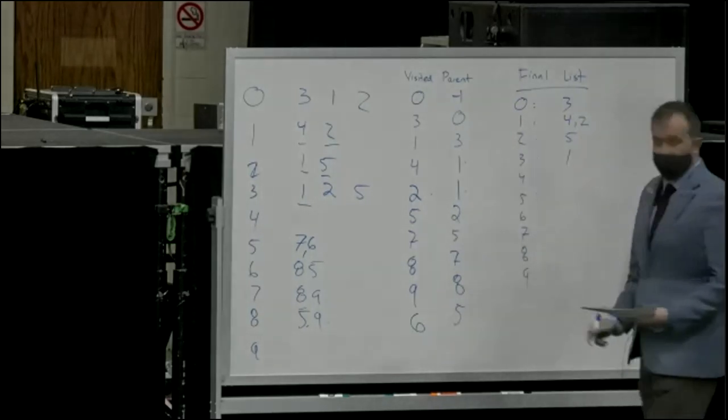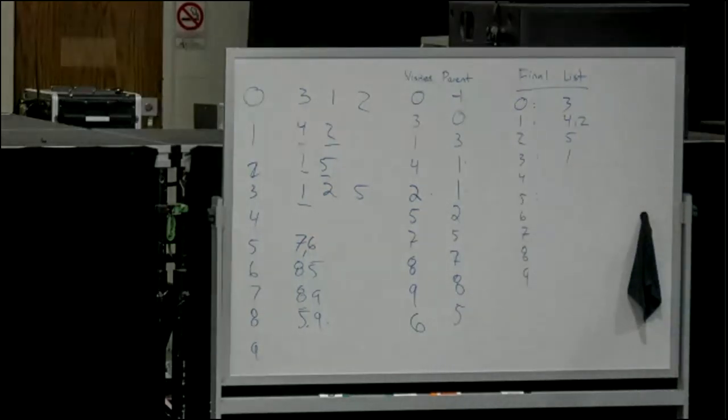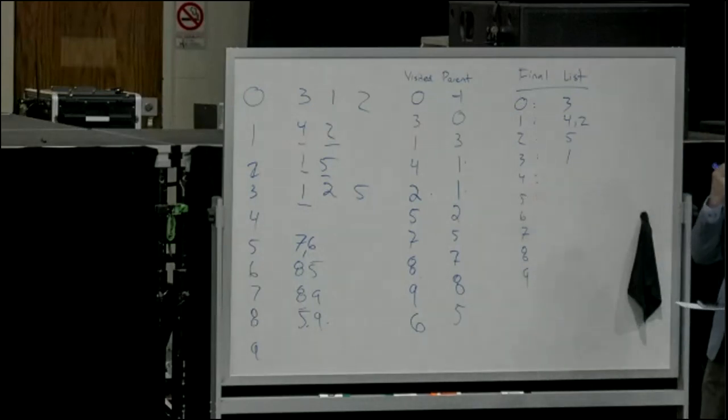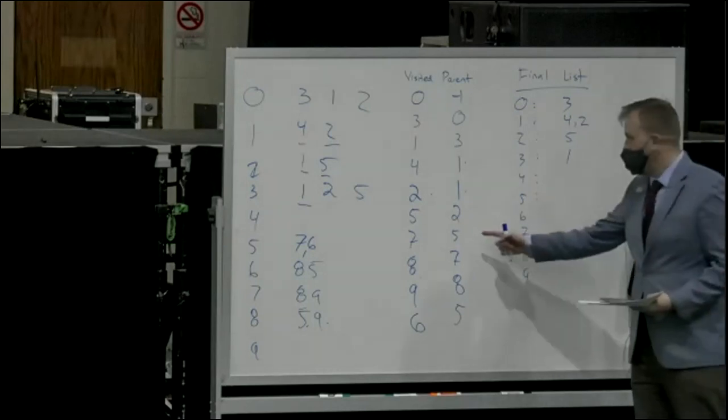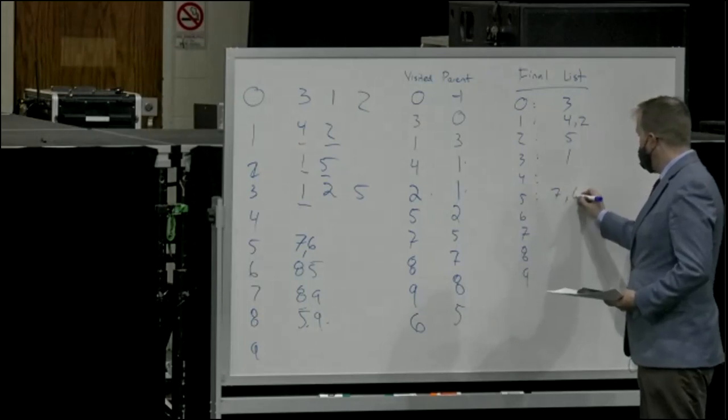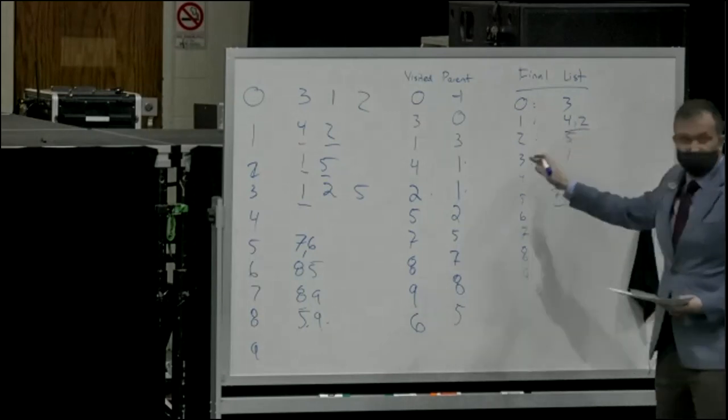Does everybody see that? So 3 is the parent of 1. And this allows us to be able to figure all this out in terms of a topological sort. So from 4, 4 doesn't go anywhere, just like it's the original graph. From 5, 5 is the parent of 7 and 6. And so we have to keep it in the same order. Does everybody see that it's the same order there?